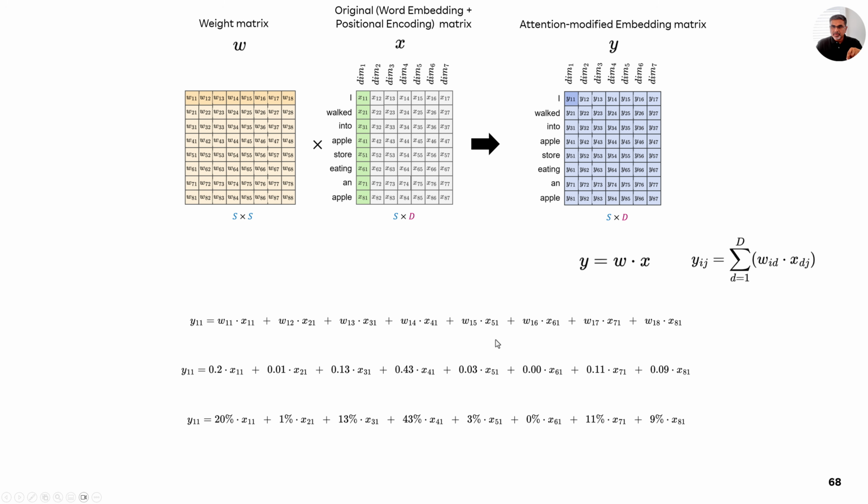Let's kind of double click on this. So what you're saying is, I have this original matrix for all these words and these are dimensions, and they are x1, x2, x3, and so on. To calculate the modified context-aware value, I want to change the feature value for dimension 1 for the first word in such a way that I take 20% of the value of the same dimension from the first word, 1% of the value for the same feature from the second word, 13% of this for the same feature from the third word, 43% of the same feature from the fourth word, and so on.